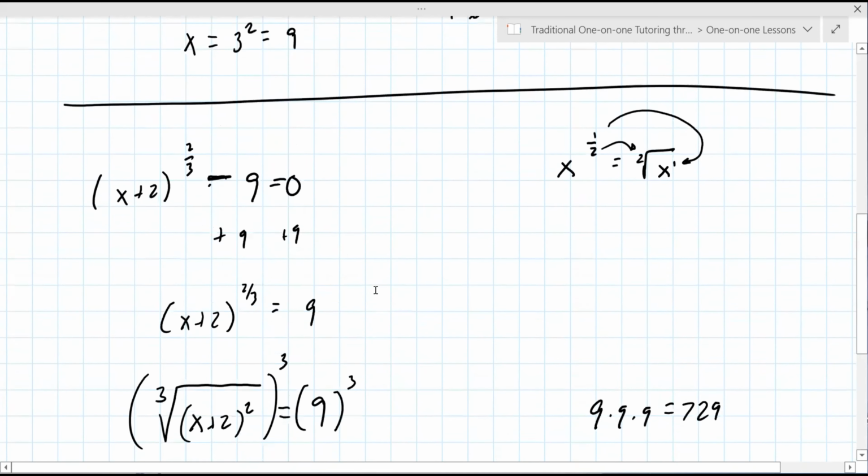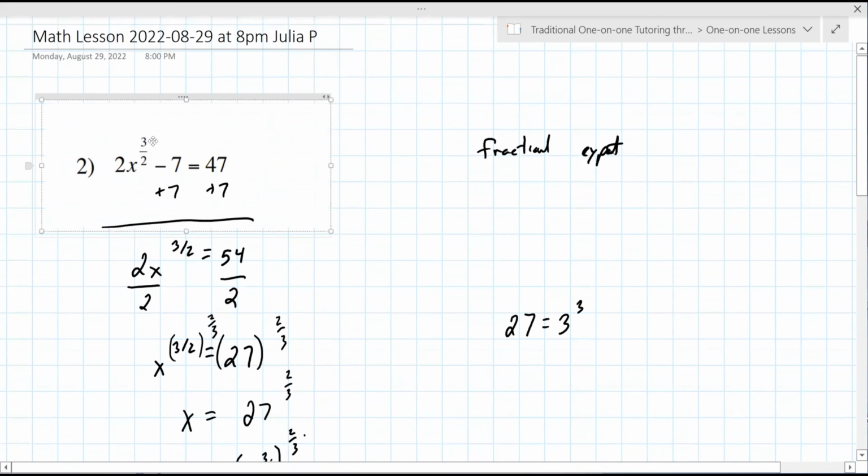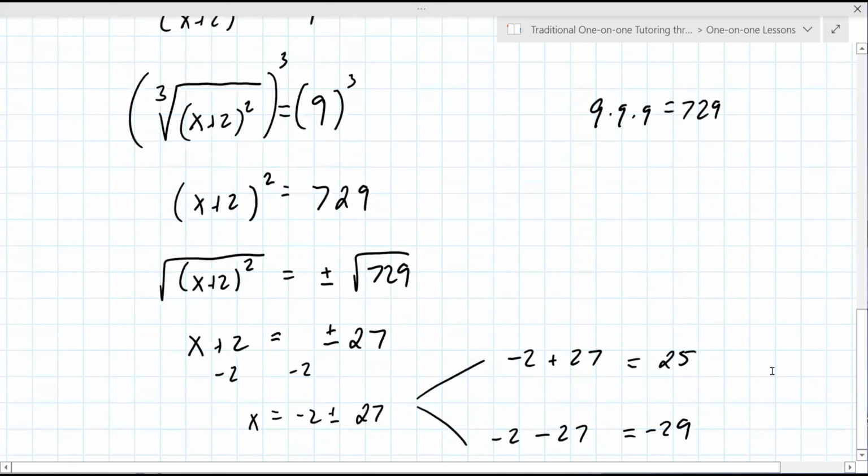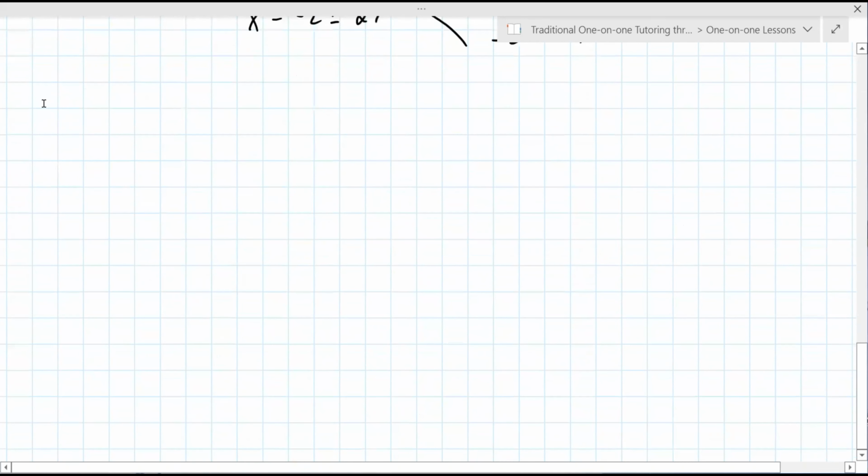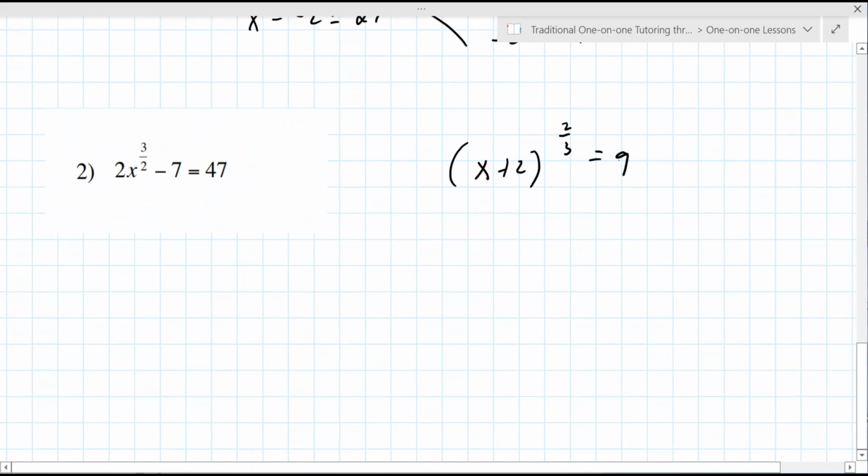So if we put these problems side by side here, let me grab this one and then I'll write the other one here. The other one is x plus 2 to the 2/3 power equals 9. The key difference is that when the 2's on the bottom, or an even number more generally, there's only one solution.